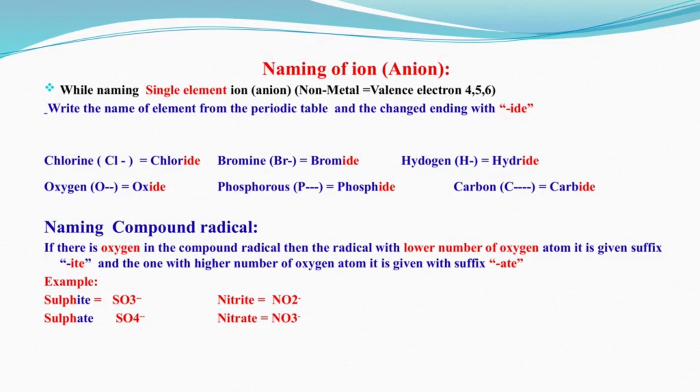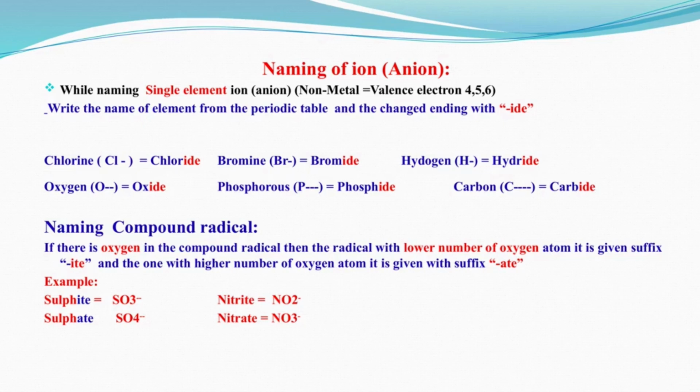So where oxygen is involved in the compound radical and the oxygen number is lower, we will add the suffix ITE. And when comparing similar compound radicals with oxygen, the lower one is given ITE, whereas ATE is for the higher one.